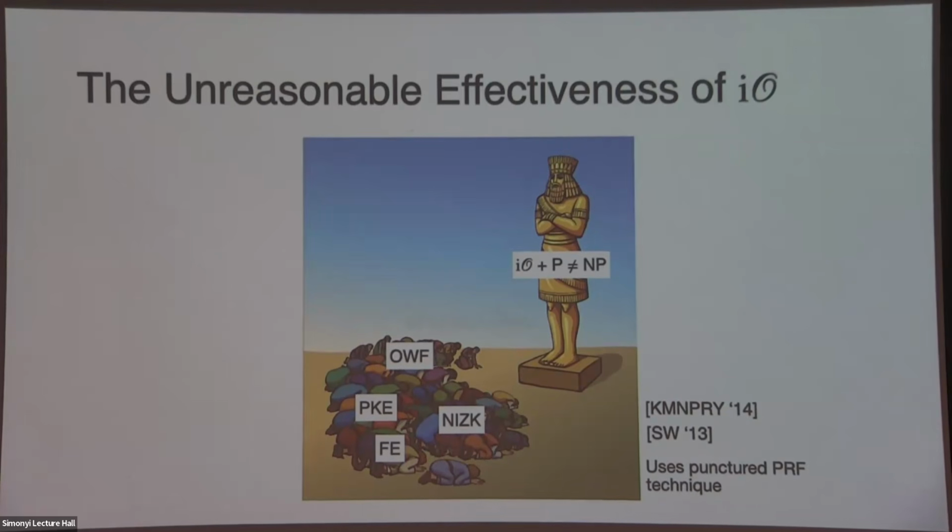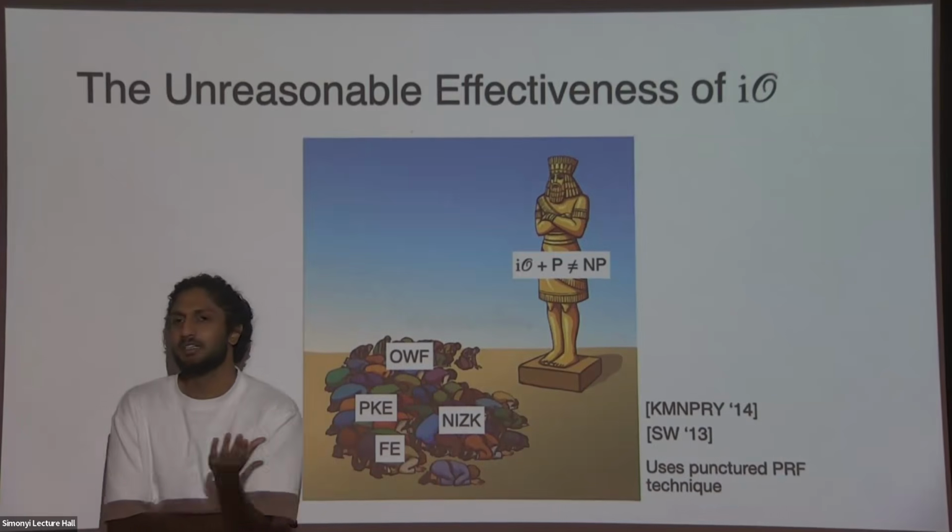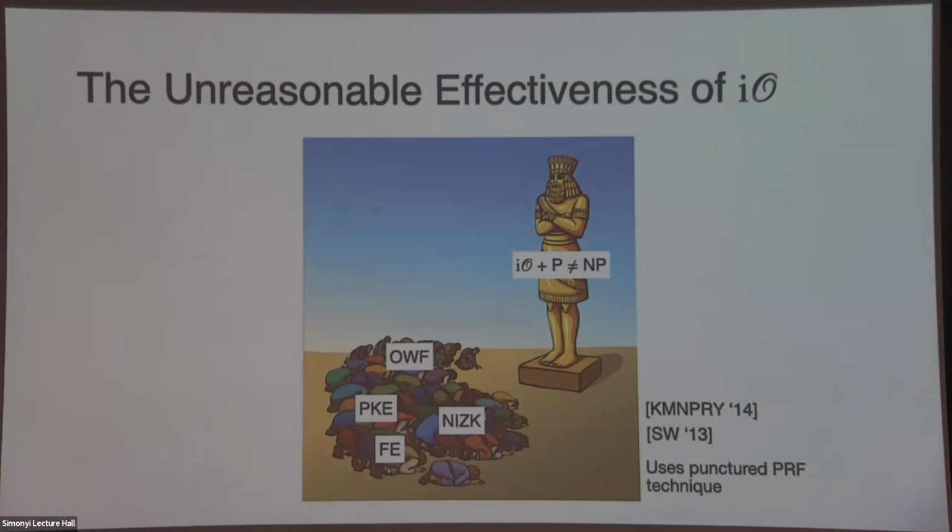Now, let me ask you, does this smell like anything that we've seen before in complexity? What does this remind you of, that we teach in our undergrad courses? There's this IO plus P not equal to NP. It seems like you get everything you want. Max, what do you think? No. I'm lost.